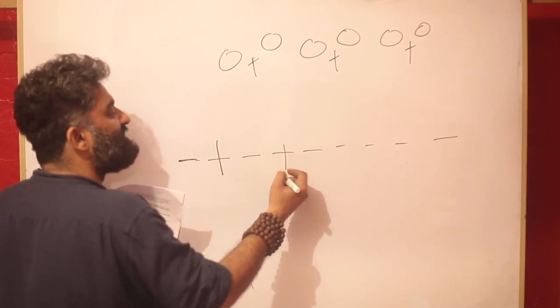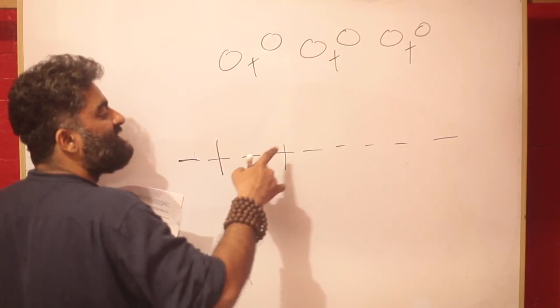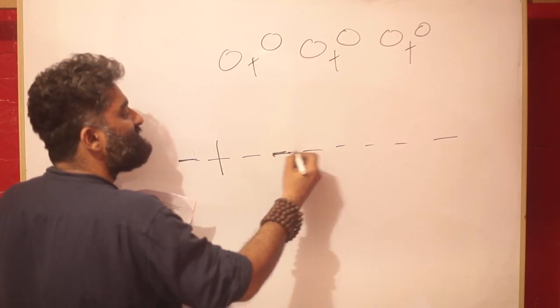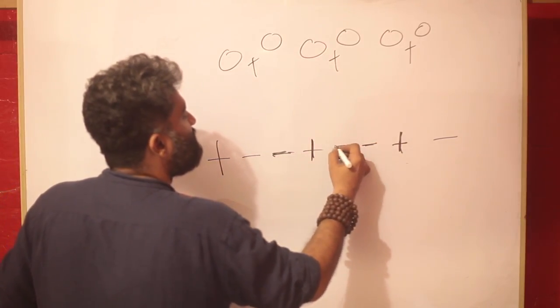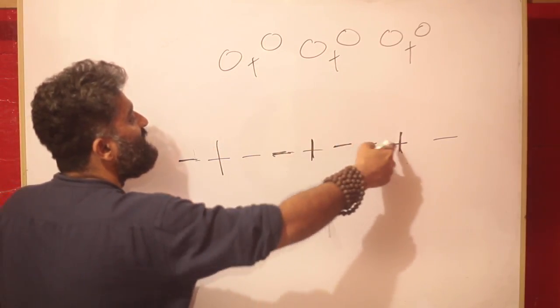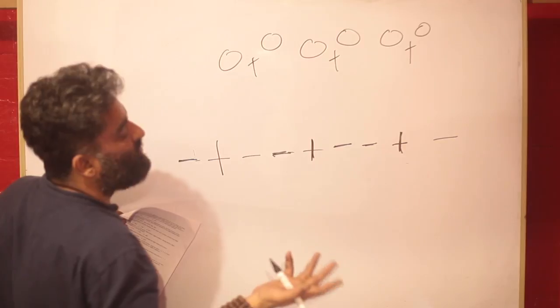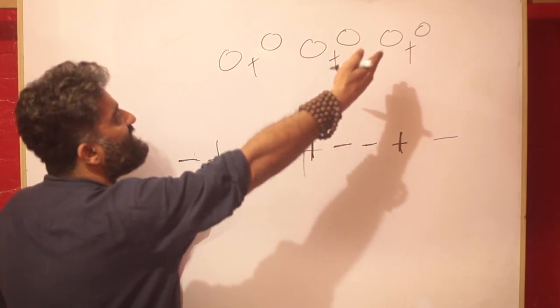Can I put a child in this position? Because this parent would become different, right? And the child should be between its parents. So again, this and this. After a little bit of thinking, I hope you come to the same conclusion that these are the possible seating positions for children, right?